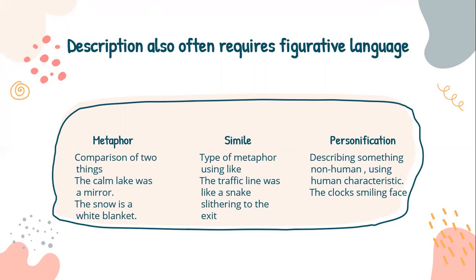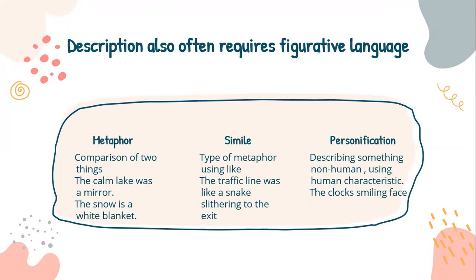You are using the human characteristic of dancing to describe how the lightning looked in the sky. The car complained as the key was roughly turned in its ignition. Now, the car cannot have feelings to feel it was rough, but you're giving some characteristics to non-human objects. Okay?